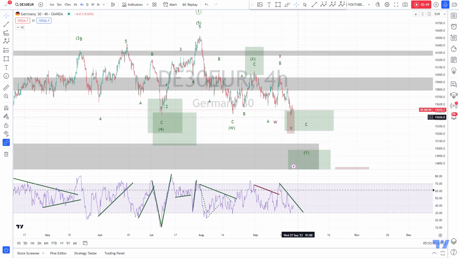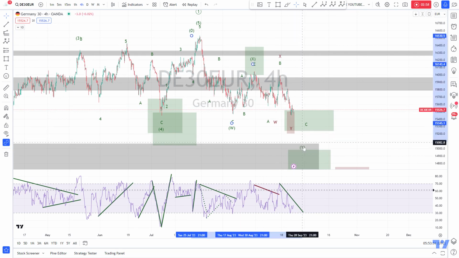There's also another possibility, I believe, and that would be that this wave Y here is a WXY structure. Then we only need 3 swings.